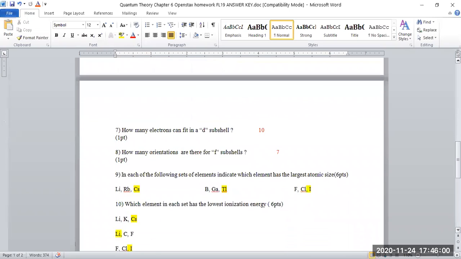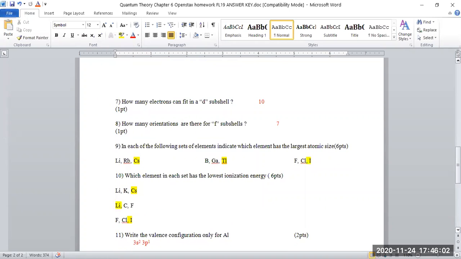Then I hit you with a couple of questions about whether you are aware how this works: how many electrons can you put in a d subshell? 10. How many orientations? Basically, how many pictures are available for the f orbitals? There should be 7.